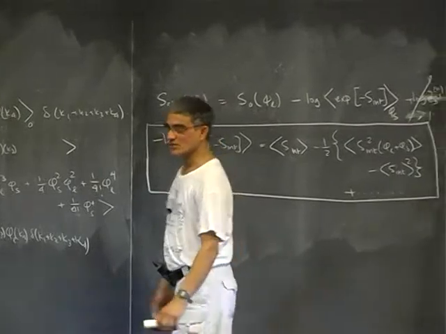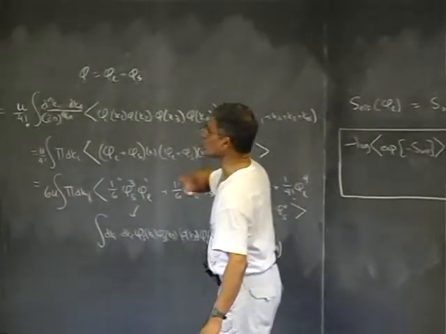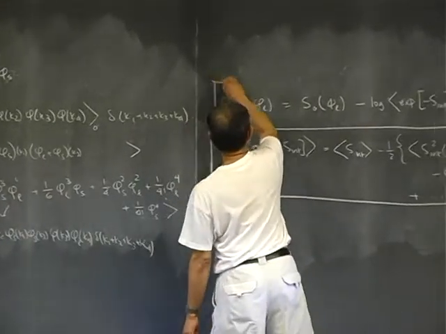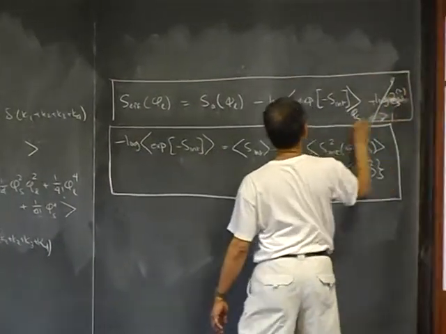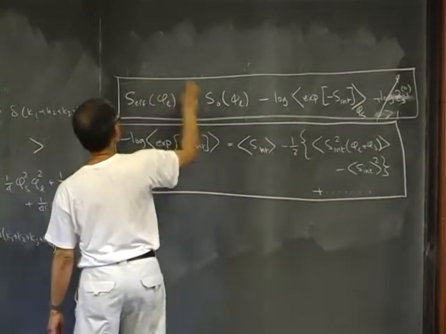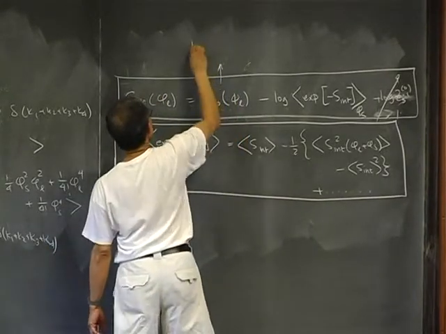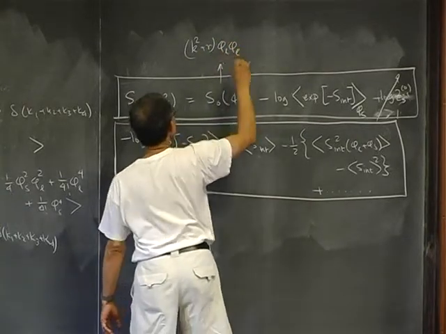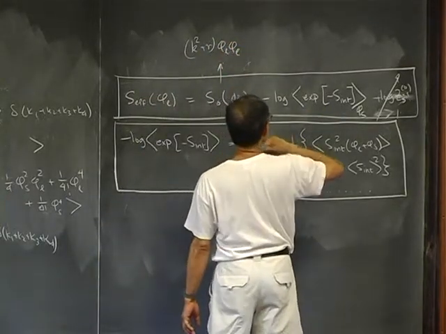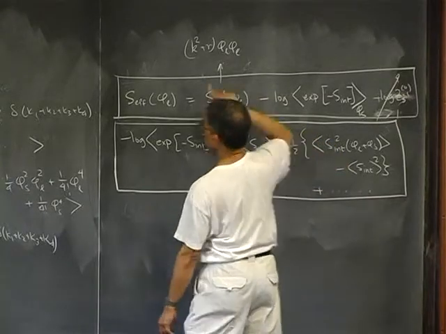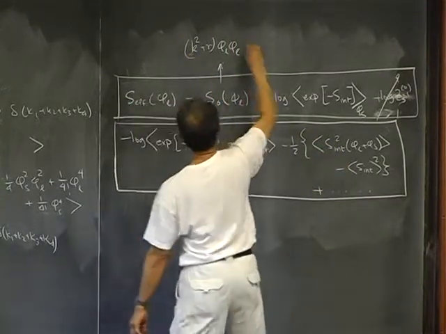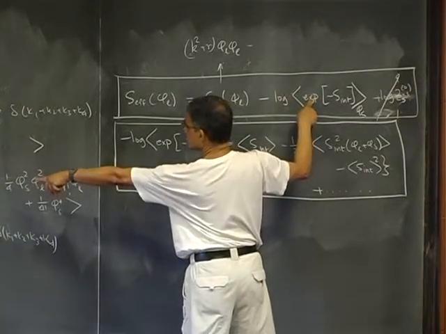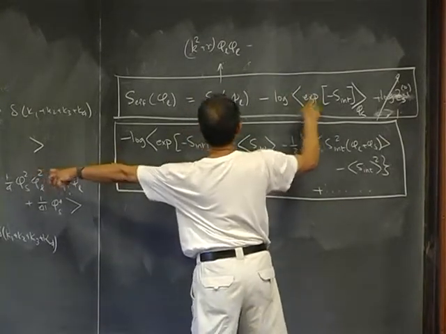If I look at this term, what do I want to get out of this at the end of the day? This is what I want to calculate. So this term had k square plus r phi L, and that was the original thing, and this is the thing we are calculating. Now I'm going to take the log of this and then calculate that object, and this was a constant.